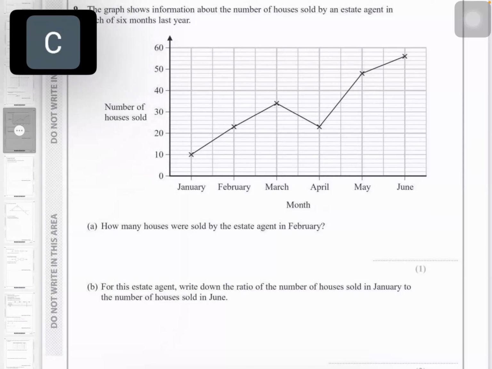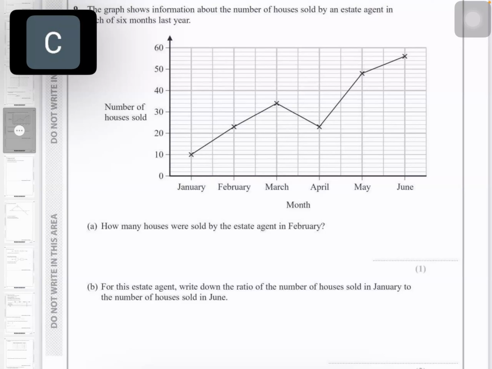Number of houses sold. 20, 20, 30. So that's going to be 20. Is that 20, 22, 24? So that's going to be 23, right? 23. Yes. Can you see why I'm reading it as 23?